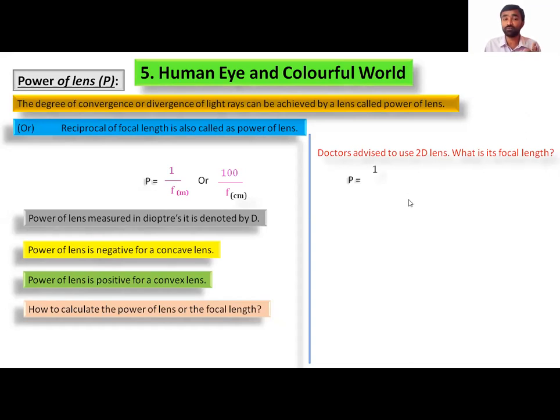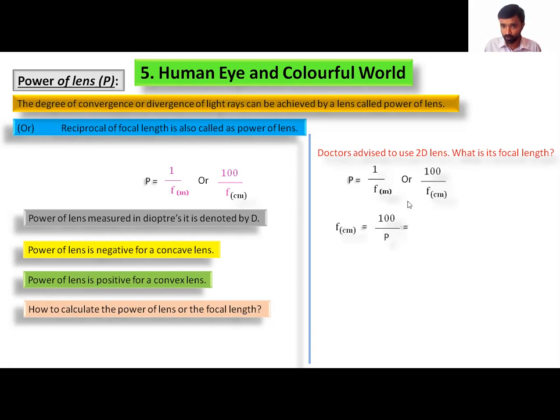Then the power of lens formula is 100 by F in centimeters, or 1 by F in meters. But here 2D is given, and we always express the focal length in centimeters. So you can convert the formula: from P equal to 100 by F in centimeters, by transposing, F in centimeters equal to 100 by P. Then I need to substitute.